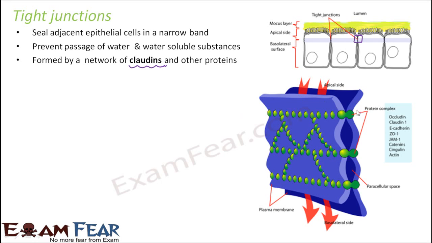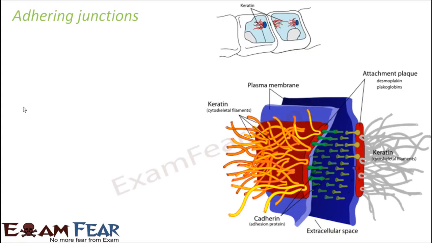Let us suppose this blue colored sheet represents the walls of two different cells, and this green colored area is nothing but the protein complex of the tight junction, which is formed by claudins. Now, what is their function? They hold the cells together, obviously. They also provide protection, in the sense that they don't allow water leakage or any other foreign particles to get in.